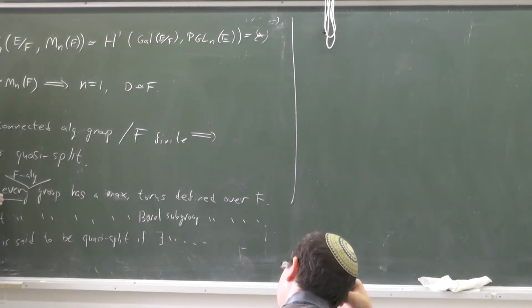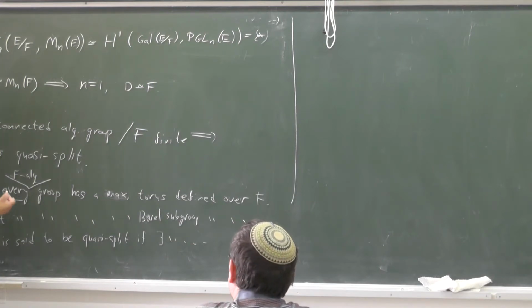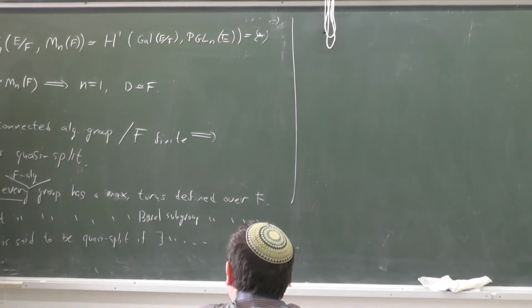Also I will use it, so it was a place to remind it. But I gave it basically as a reference, as a comparison. I can always talk about a maximal F torus. There exists. And then I can discuss whether it splits or not, and regard this as a property of G.